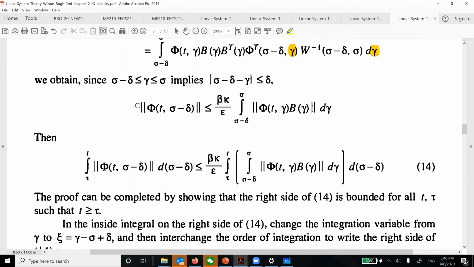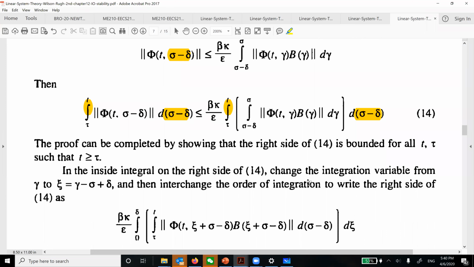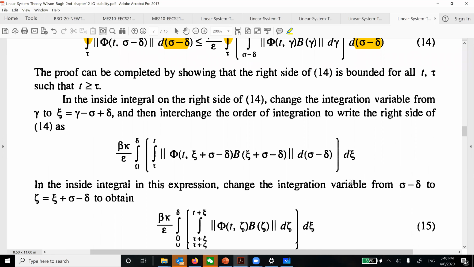So then we try to integrate both sides, tau to t integration, on the second variable. So everything inside here can be further brought to here.